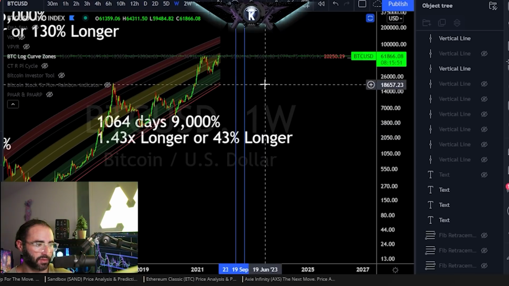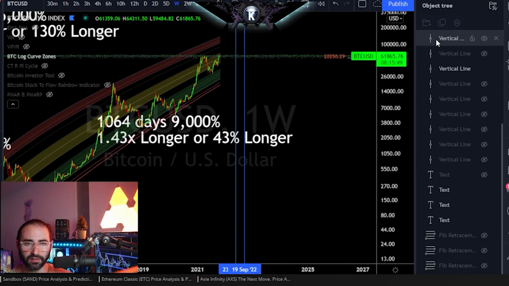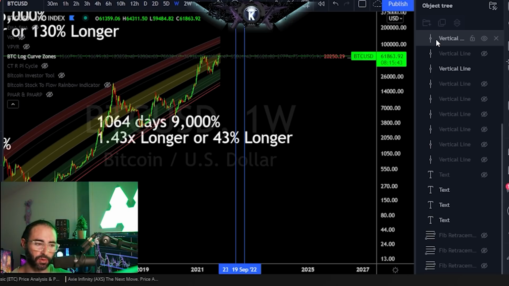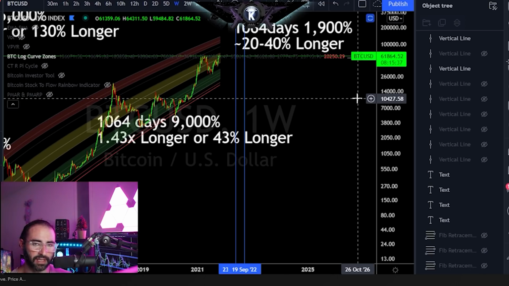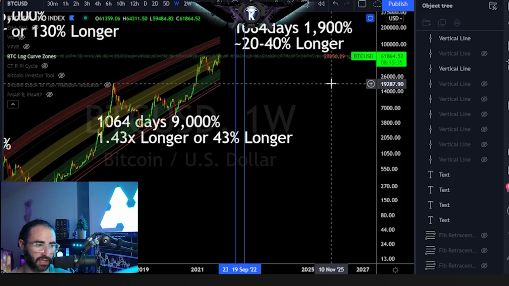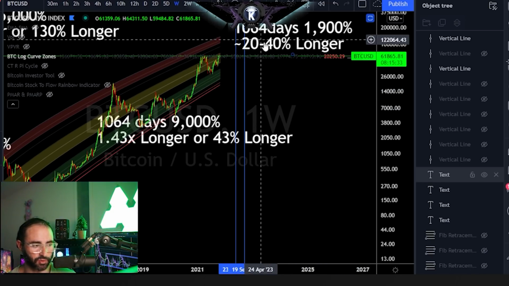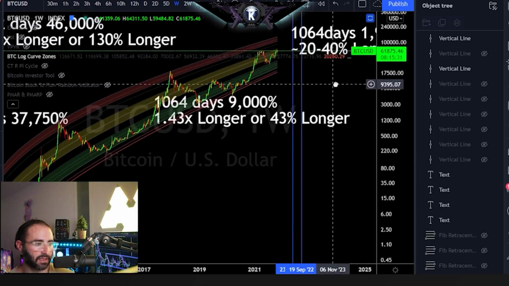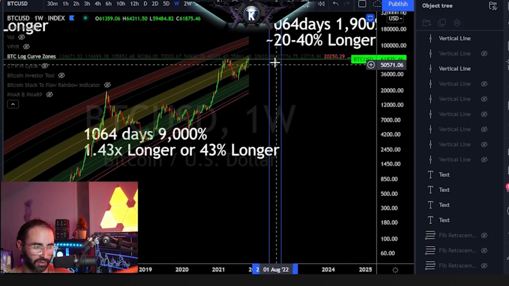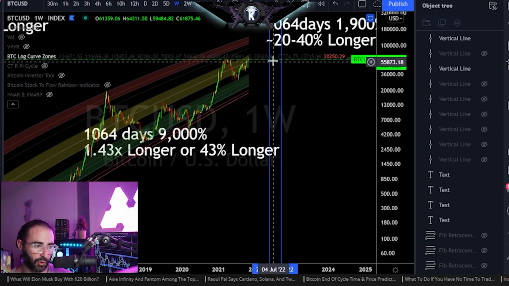So for this current cycle, I'm going to estimate it's going to be somewhere between about 20 to 40% longer. The assumption here is that, of course, we continue to see the cycles lengthen, and the cycles are lengthening at a reducing pace as time goes on. Here's my assumption right here. And as you can see with these vertical bars, that would be about where we would be looking.